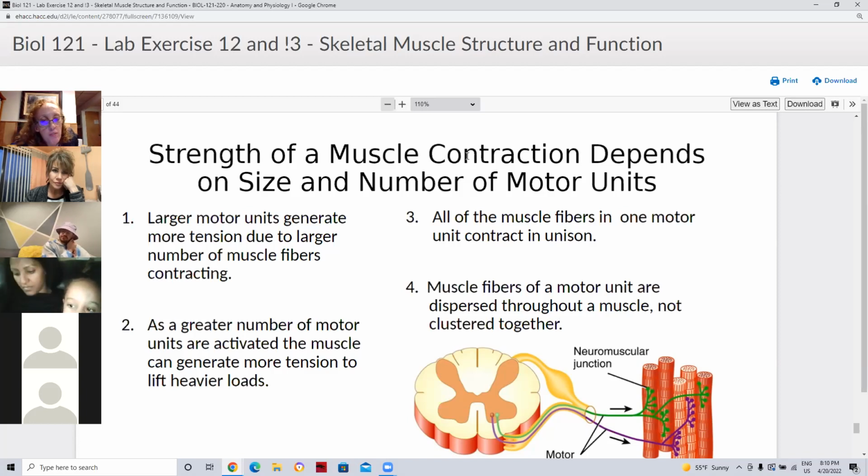As a greater number of motor units are activated, the muscle can generate more tension and lift heavier loads. Remember what's regulating which motor units are being innervated and which ones are not. Do you remember?